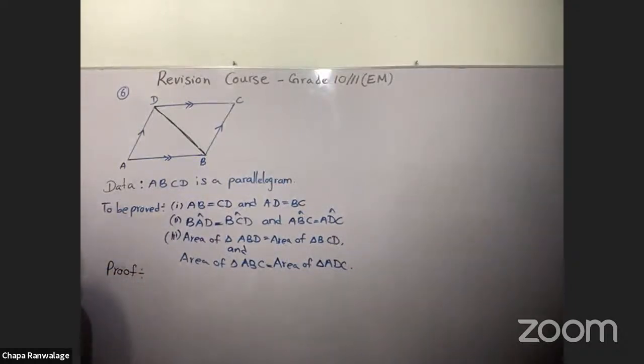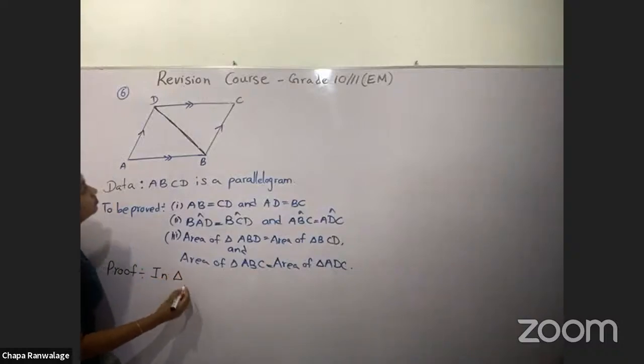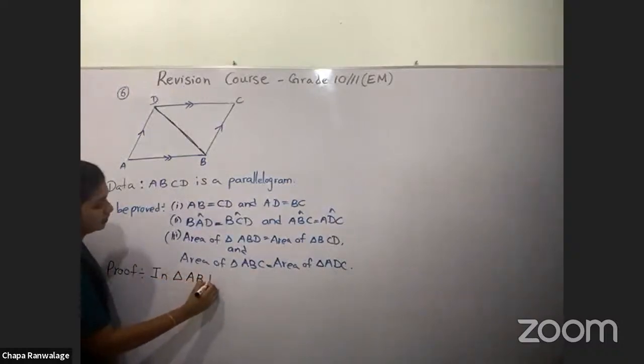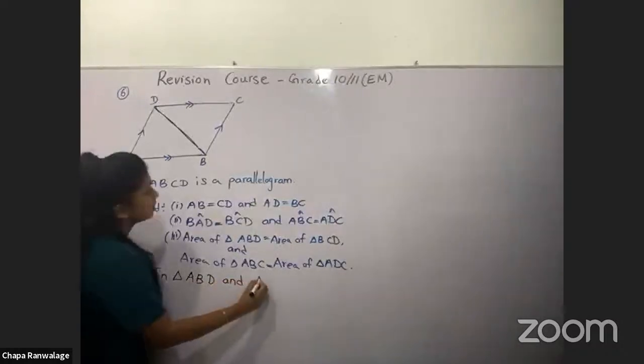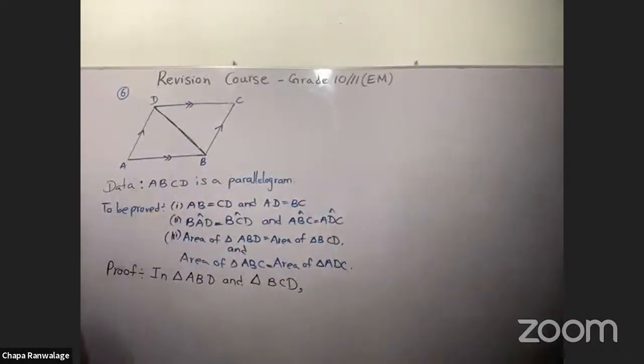Proof. Yes, AAS, yes. In triangle ABD and triangle BCD. Here, so tell me what are the elements? This one is okay. This one is common. Right?